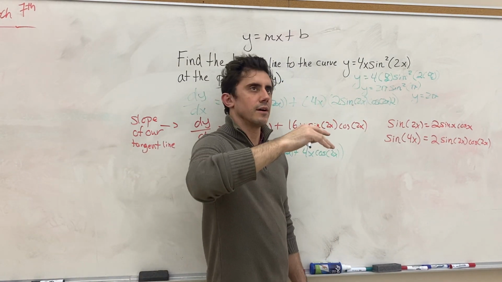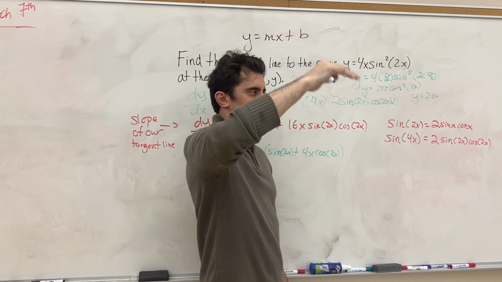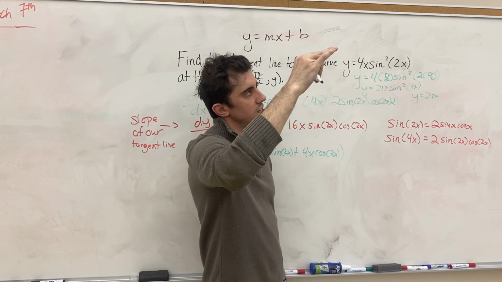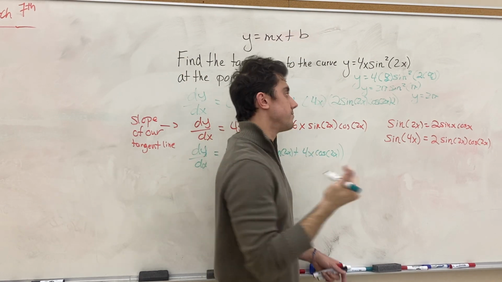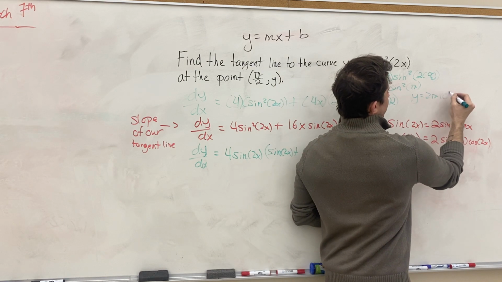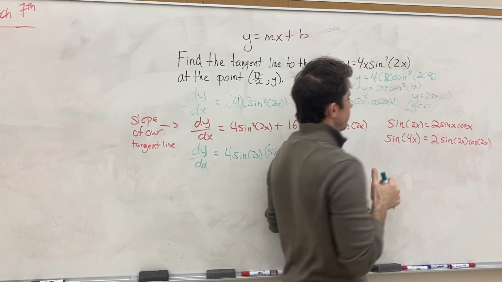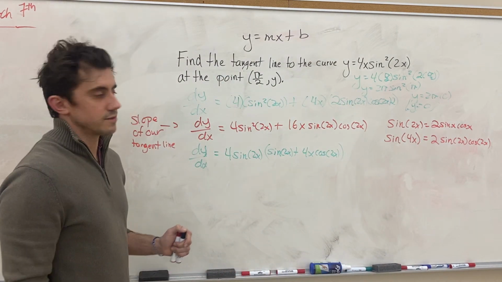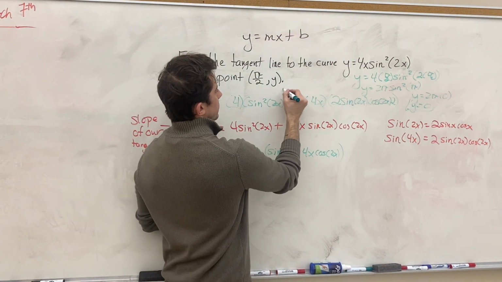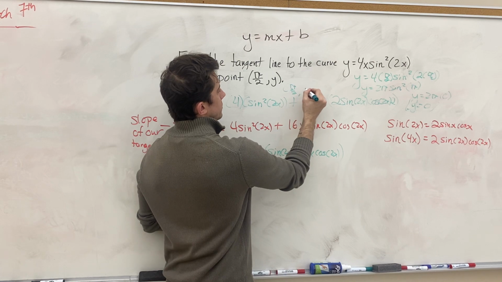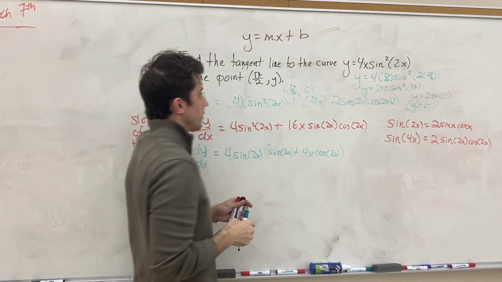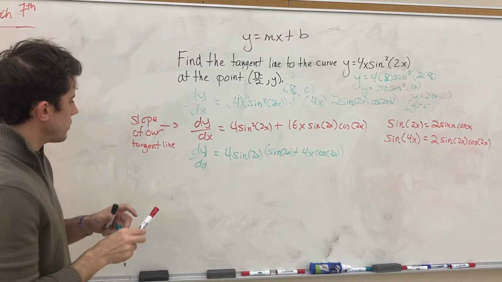Sine of pi is 0, so that is telling us that y is equal to 0 at that point. So we're looking at the point pi over 2, comma 0 on this curve.